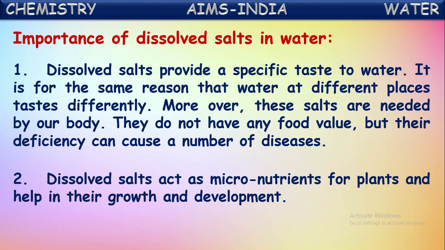Dissolved salts act as micronutrients for plants and help in their growth and development. Okay, these dissolved salts in the water help the plants by acting as micronutrients so that they help in their growth and development.